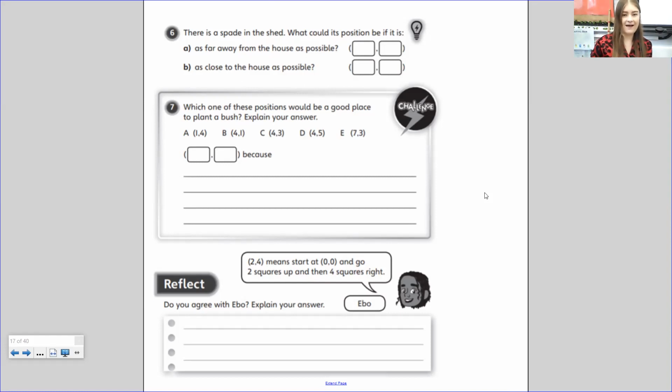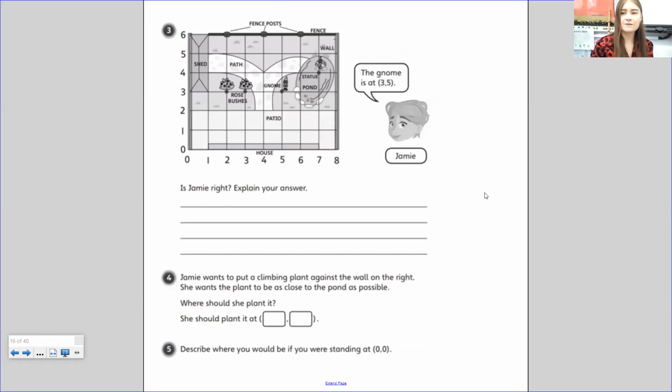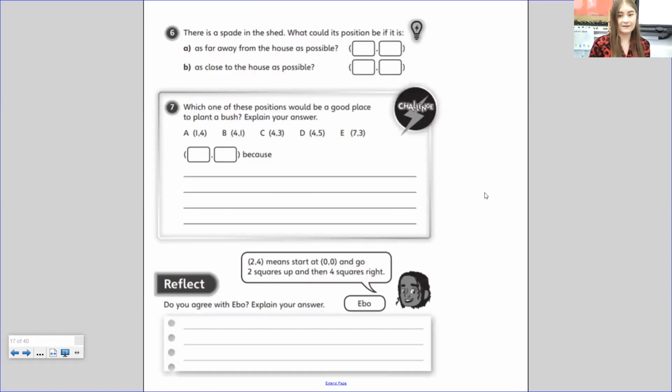I would look at where A is, and if I've got the paper in front of me, I would probably write on A, and I would write on B, C, D and E. And then I would look at them all and I would think, what would be a good place for a plant? What do plants need? And what do they not need? So which one would be the best for a plant? Using our prior knowledge.